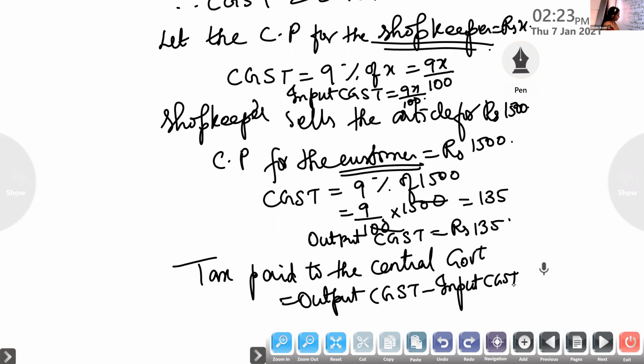Output minus input. So 27 will be the same as output CGST, which is rupees 135, minus input CGST, which is 9X by 100. Now from here simplify and find out the value of X. Yes, 1,200.